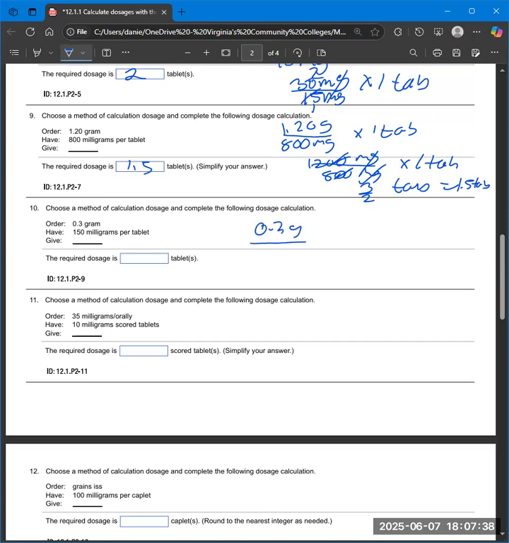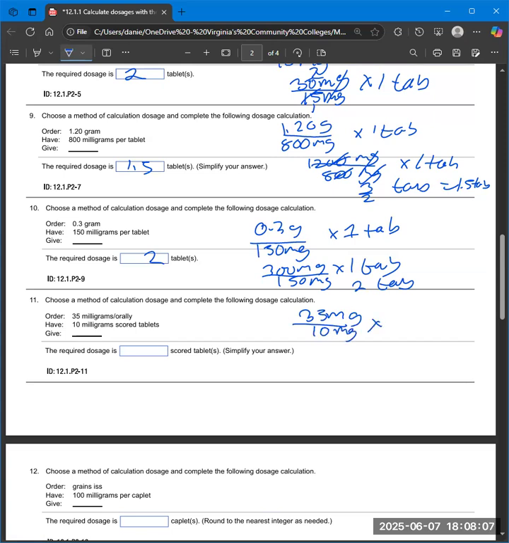0.3 of a gram over 150 milligrams. That's 300 milligrams over 150 milligrams. And this is in tablet form. So that's 2 tablets. 35 milligrams divided by 10 milligrams.